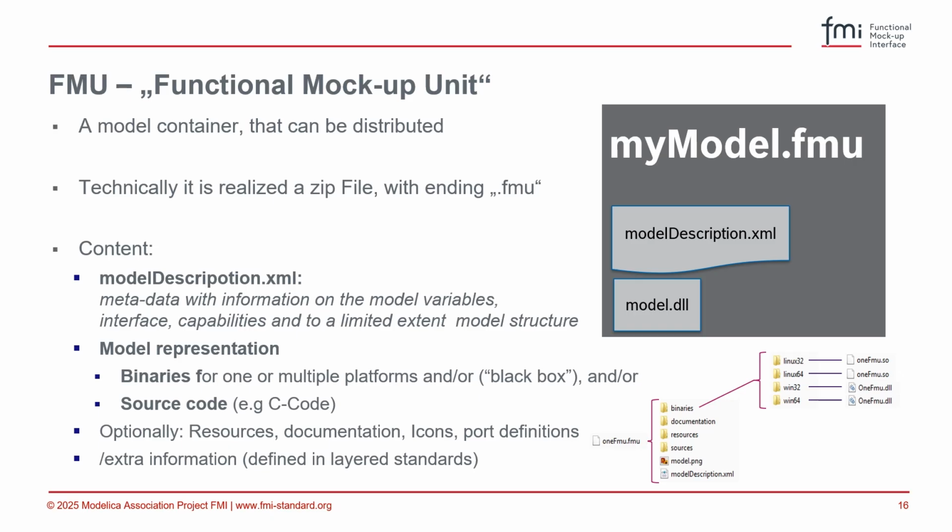The model representation in the form of binaries for multiple platforms in black box format or source code, that is typically C code, which could be recompiled for other platforms. And optionally, it contains also other resources, for example, parameter files, documentation, icons, and port definitions. And there is optionally an extra directory, which can contain additional information defined in layered standards.